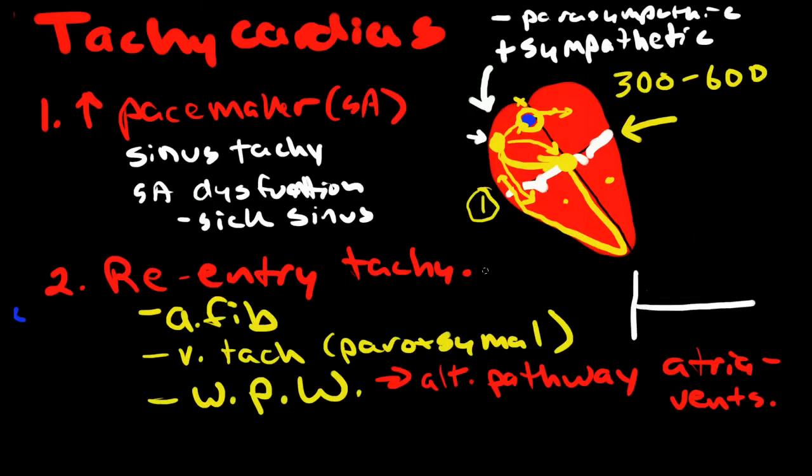We have a P wave, and then we end up with the start of our QRS with a slope, and then it's normal. We have our T wave, and then we have premature atrial contraction, a sloped Q wave that starts prematurely, and a QRS.